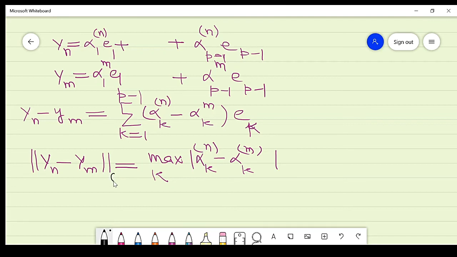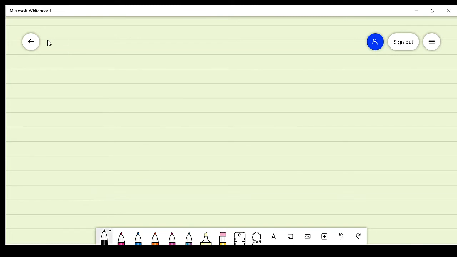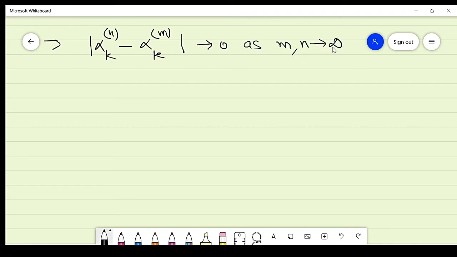As this zeroth norm approaches 0 as m, n approach infinity, it means the sequence alpha k n minus alpha k m again approaches 0 as m, n approach infinity, right?